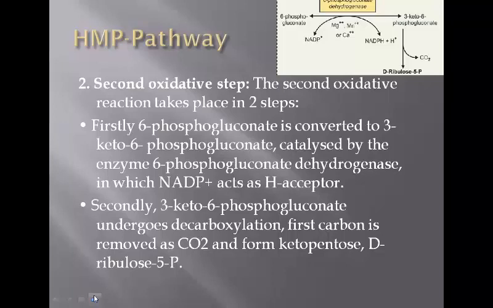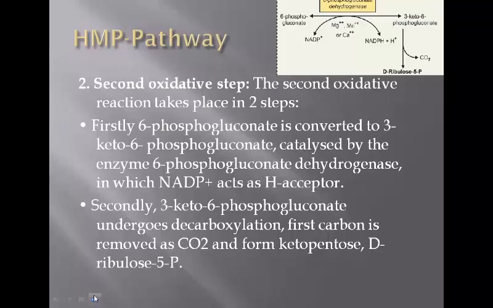So again NADP is required to accept H+. So 6-phosphogluconate is converted to 3-keto 6-phosphogluconate in the presence of NADP and a divalent ion, magnesium, manganese or calcium, and NADPH plus H+ are formed.